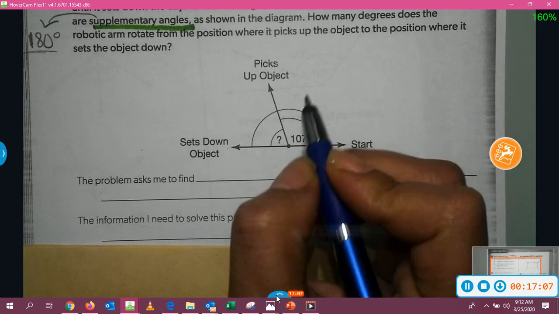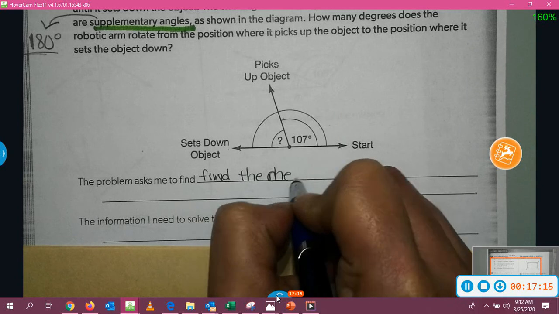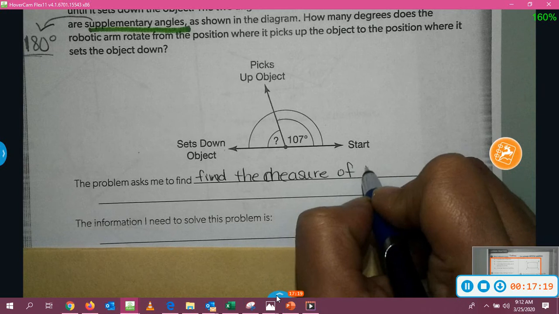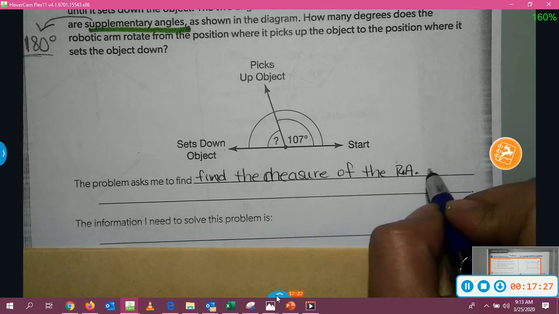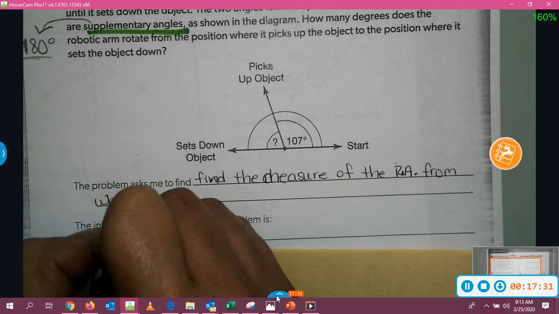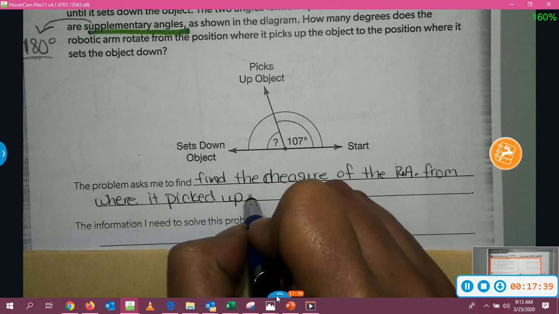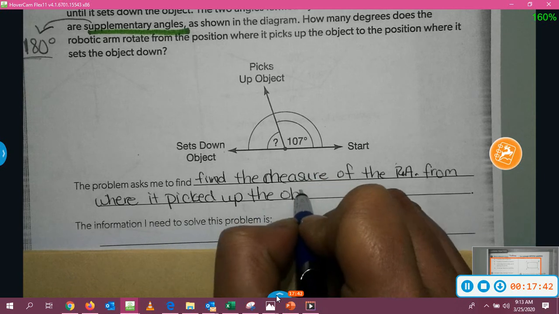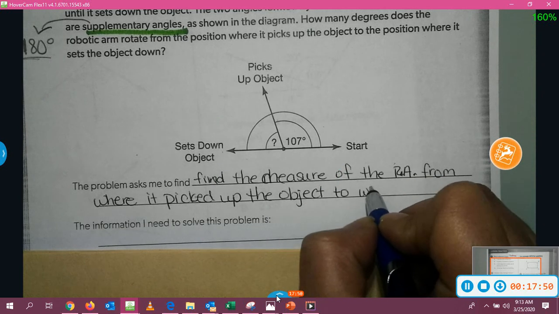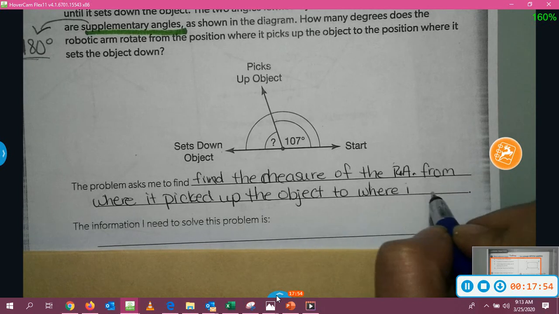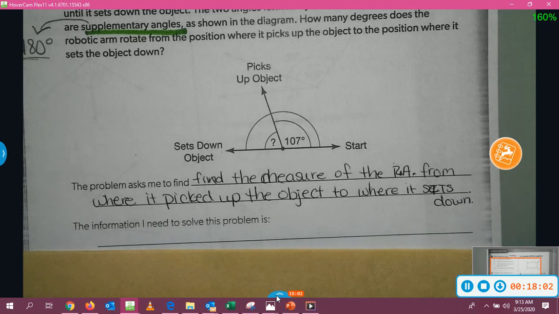The problem asked me to find the measure of the RA, robotic arm, from where it picked up the object to where it sets it down.